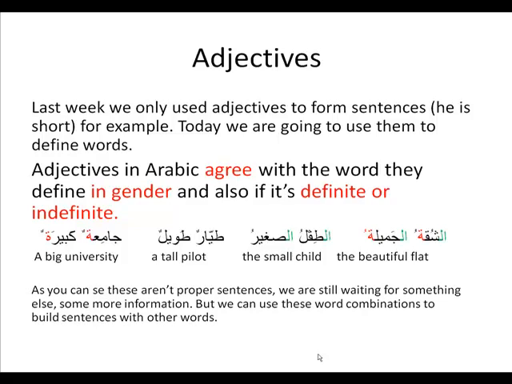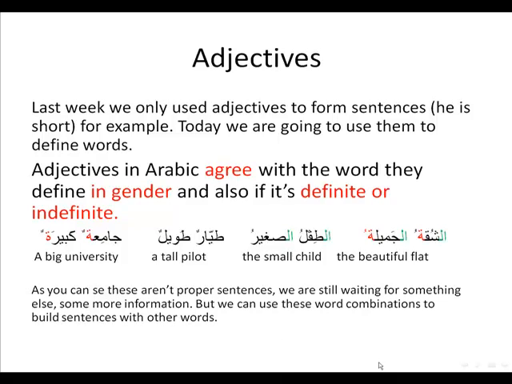If you want to write a sentence, in which case you apply the rule we just learned, definite plus indefinite makes a sentence. Or if you want to describe something, if you want to use adjectives to say a tall, beautiful, nice pilot, in which case you need to keep all the words indefinite. If you prefer to say the tall, beautiful, nice pilot, you need to keep all the words definite.